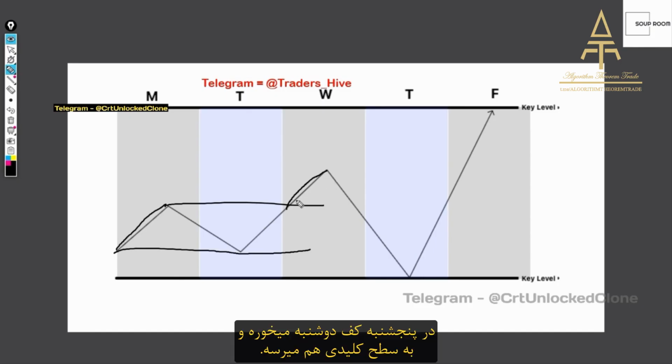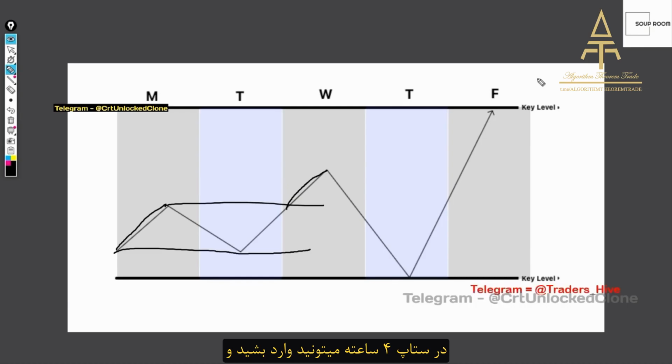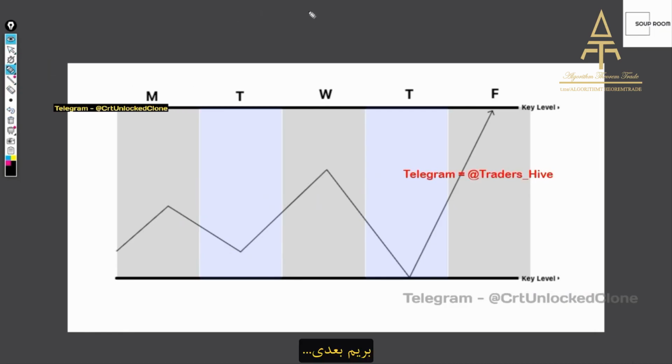We reverse at Monday's CRT high, and on Thursday we hit Monday's CRT low as well as a key level. So a CRT low plus a key level, high probability conditions, locate a 4-hour setup, go long targeting the opposing end, which would be the key level on the higher time frame. All right, so we have different market profiles right here. Let's move on.